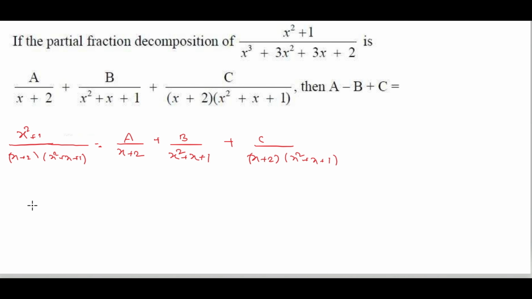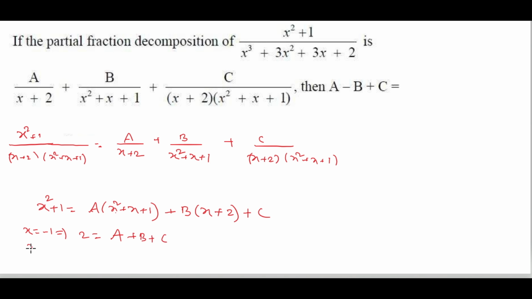So take LCM on both sides and LCM is cancelled, that is x square plus 1 is equal to a into x square plus x plus 1 plus b into x plus 2 plus c. Now we substitute x is equal to minus 1, that is x square plus 1 is 2, and the right side is a into 1 minus 1 plus 1, that is a plus b plus c.